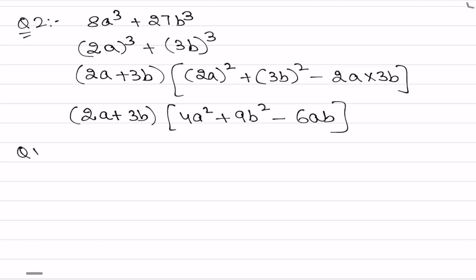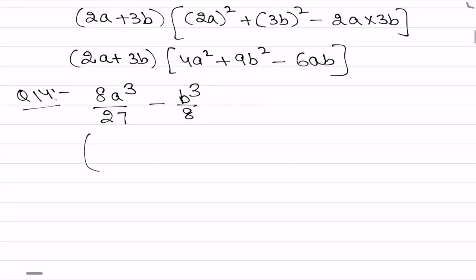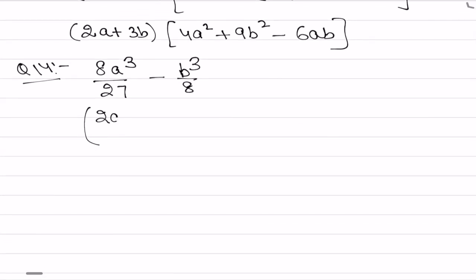Next one, we will take the difference of two cubes. So 8a cube upon 27 minus b cube upon 8. First again we will make it a perfect cube. So it is 2a upon 3 whole cube minus b upon 2 whole cube. Now this is the difference of two cubes, so we will use the a cube minus b cube identity.